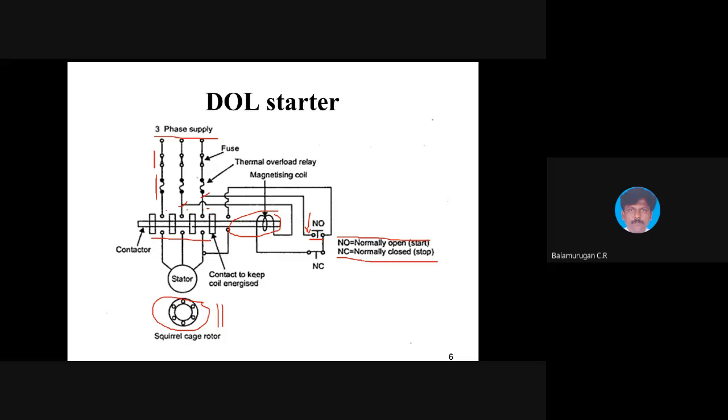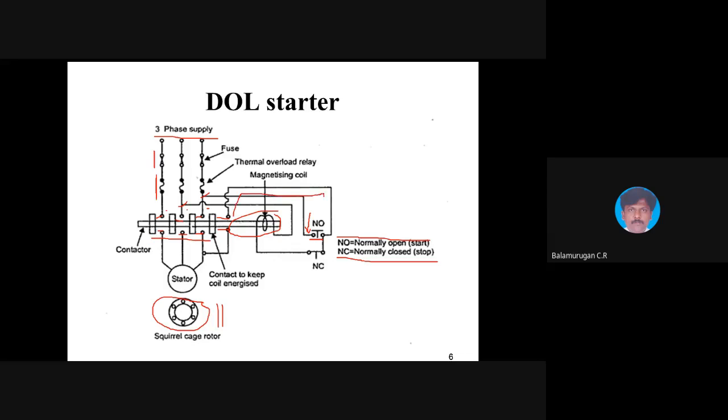These contacts will get closed, all of them. If they are closed, all these four terminals get supply, so the full supply voltage will be given to the stator.